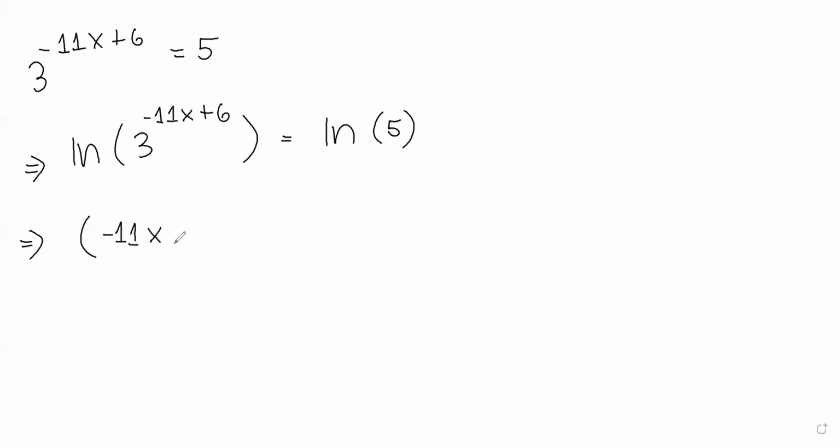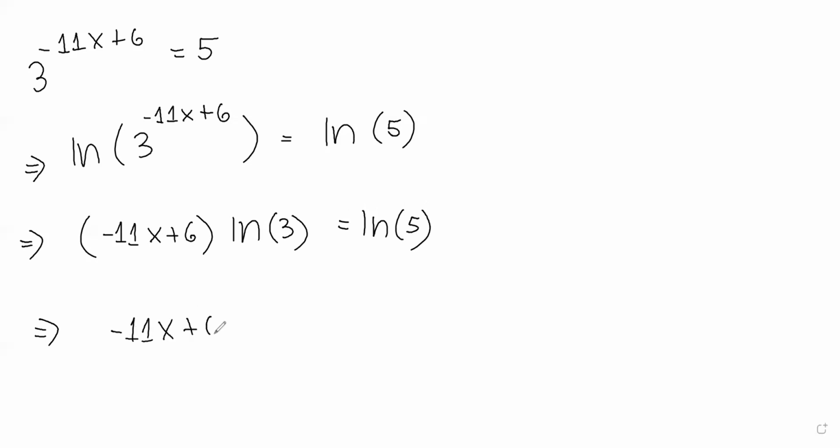Exponent becomes multiplication times the natural log of 3 equals ln of 5. Again, although it's tempting to distribute the natural log of 3, we want to move all constants away from x. So I get negative 11x plus 6 equals ln of 5 over ln of 3.